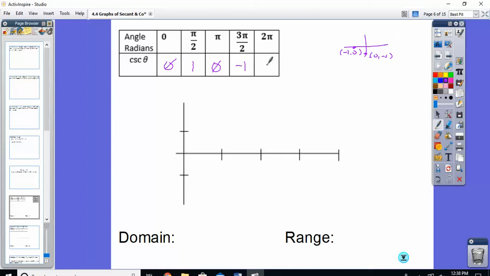Okay, 2 pi is back to the same thing as 0, so undefined. Now if I just plot these points, it doesn't tell me a whole lot. Undefined means asymptote, and we have a point at 1, undefined, negative 1, and undefined.